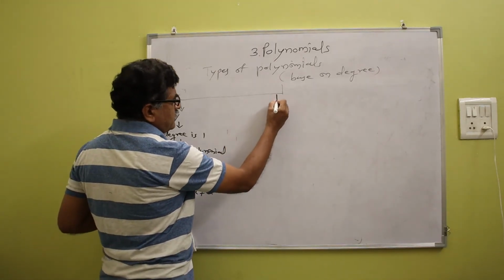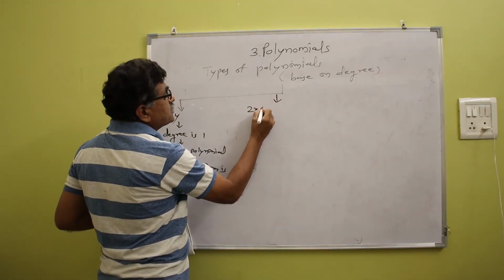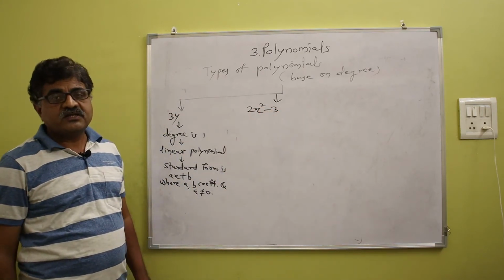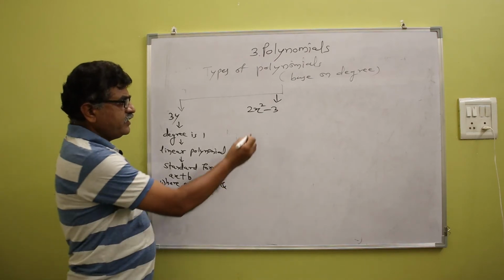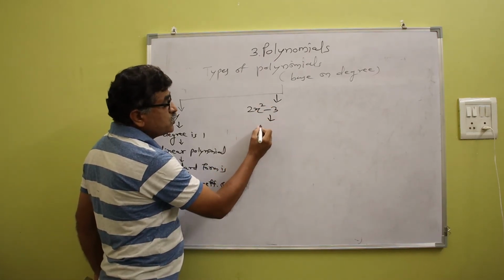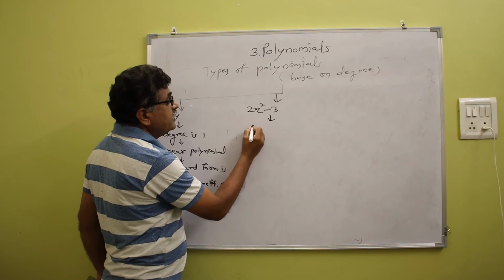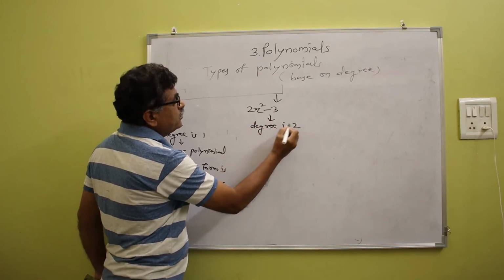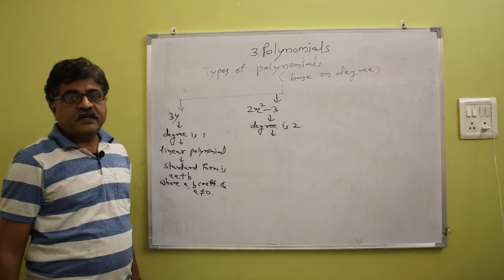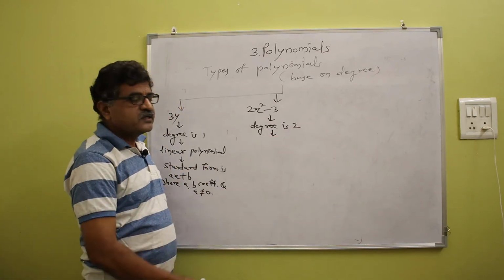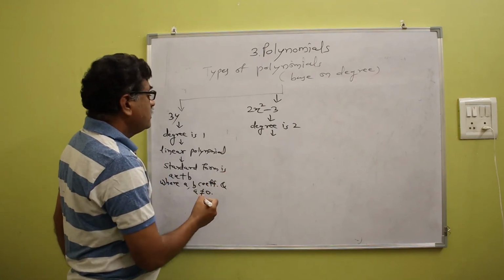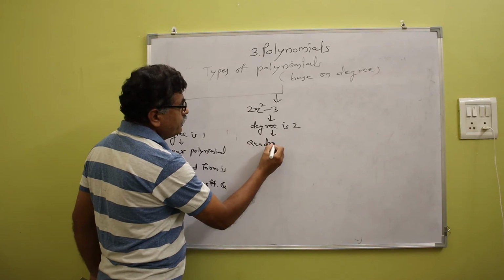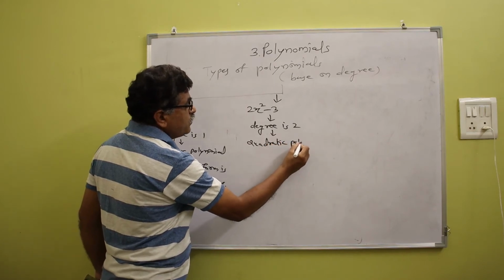Now second, 2x square minus 3x. Now here degree of this polynomial is 2, highest power, that is degree 2. Therefore, if degree is 2, then this polynomial is called quadratic polynomial.